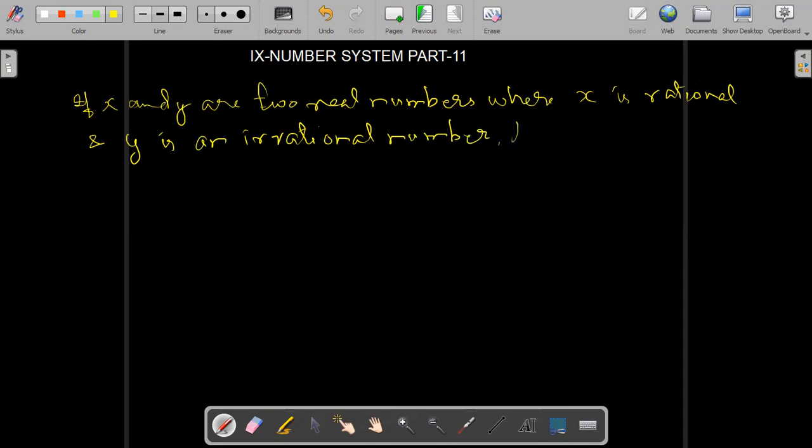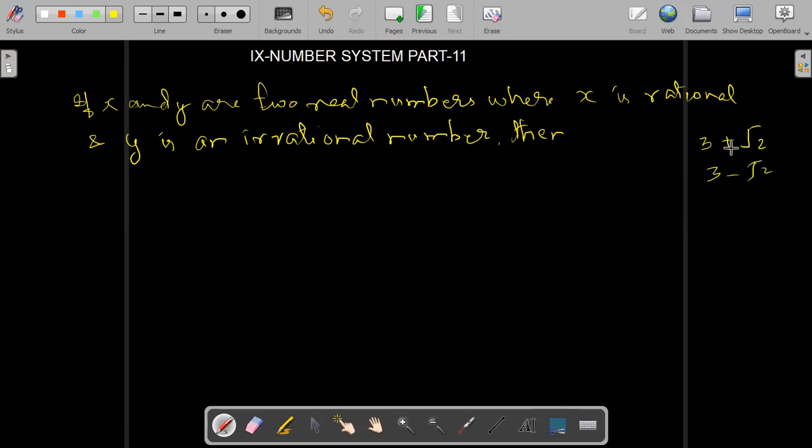Then we are going to see what happens when we add, subtract, or multiply an irrational and a rational number, for example 3 plus root 2, where root 2 is irrational. What will be the result?